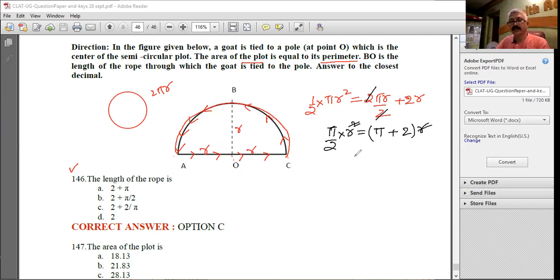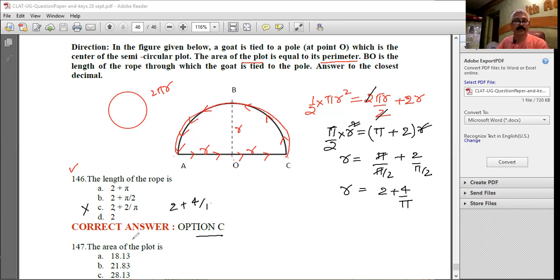So now r is 2 upon pi plus 2, and here pi by 2, pi by 2, pi cancel. So this should be 2 plus 4 upon pi. Answer given is C. It is 2 plus 2 by pi. So it is a wrong answer. It should be 2 plus 4 upon pi. Correct.